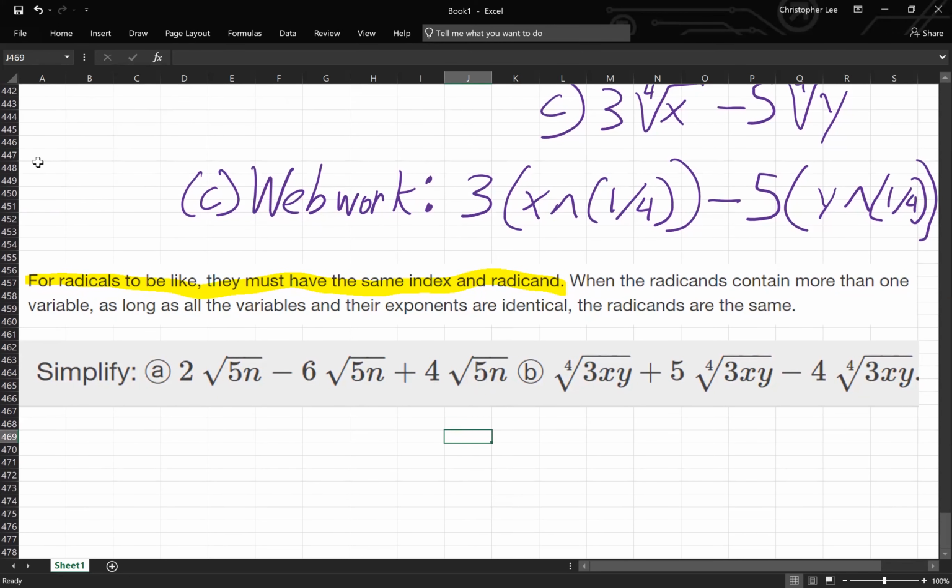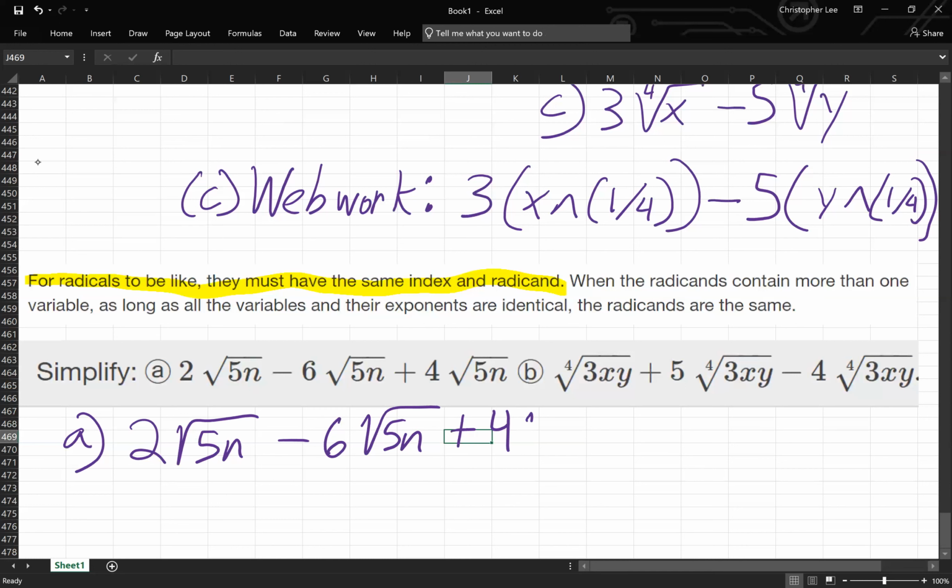So for A, I have 2 square root of 5n minus 6 square root of 5n plus 4 square root of 5n. This is not bad at all. Now, I notice they all have the same index.